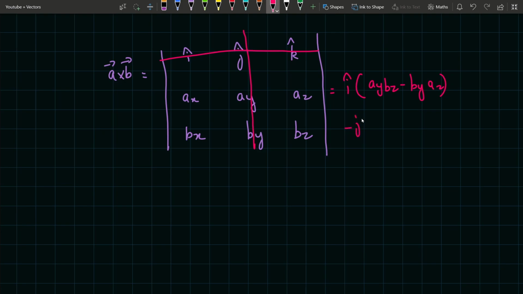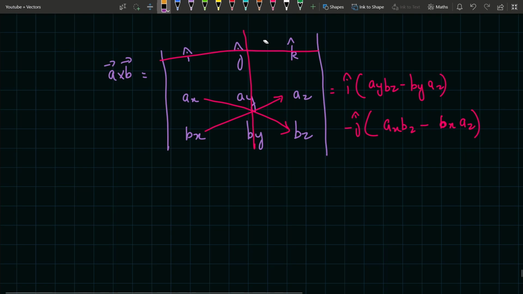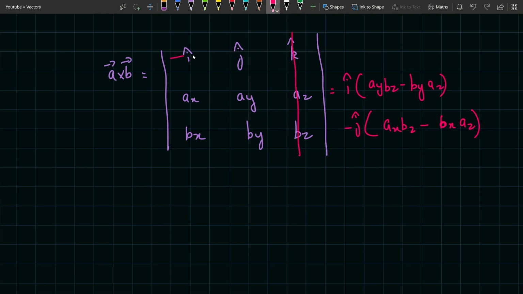That is minus j cap into, now do the first cross ax into bz, so ax bz minus bx to az.